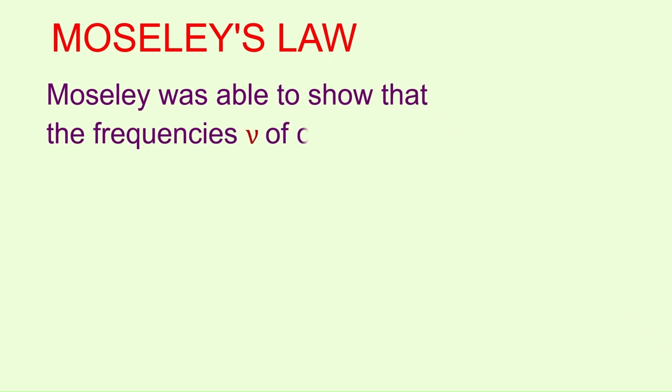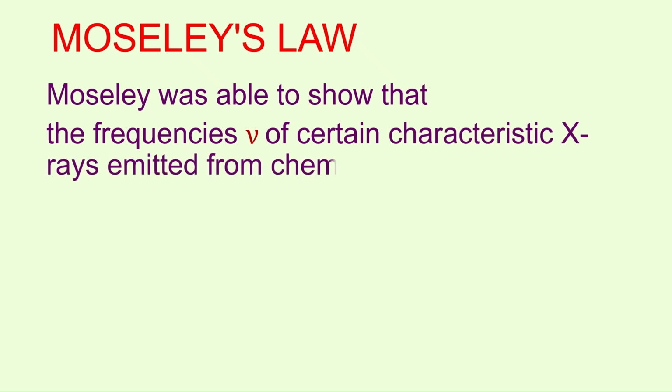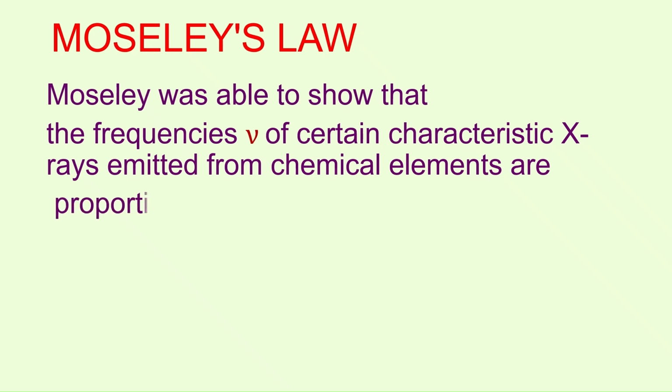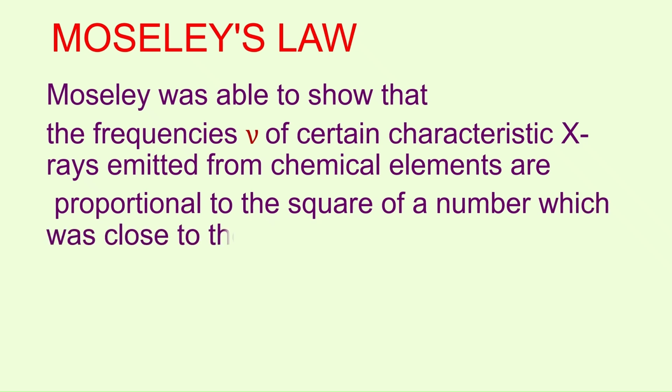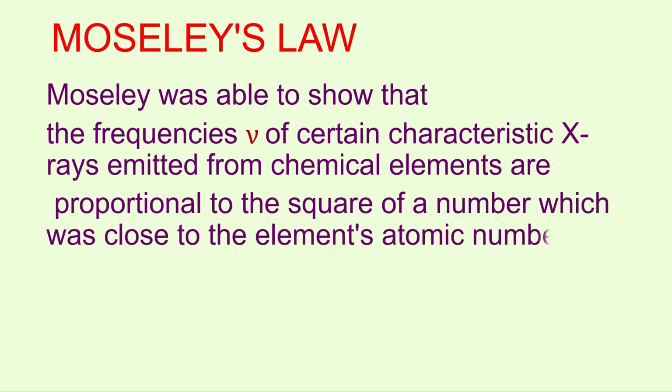Moseley was able to show that the frequencies nu of certain characteristic X-rays emitted from chemical elements are proportional to the square of a number which was close to the element's atomic number Z. Nu equals A times (Z minus B) squared.